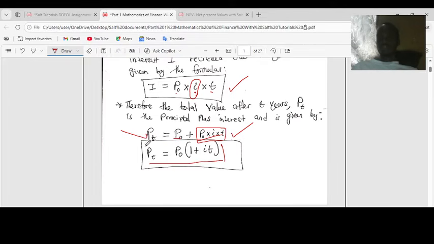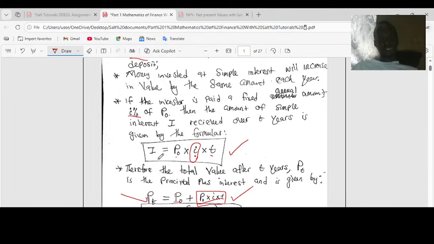This is a situation where I'm finding PT, the future value, which will be equal to the principal multiplied by (1 plus IT). It's a general formula for finding the future value when simple interest is calculated.